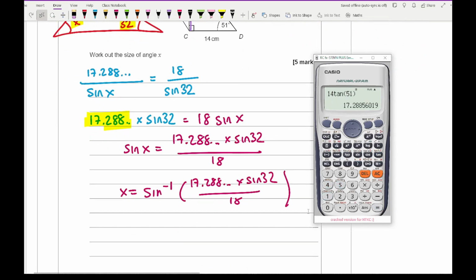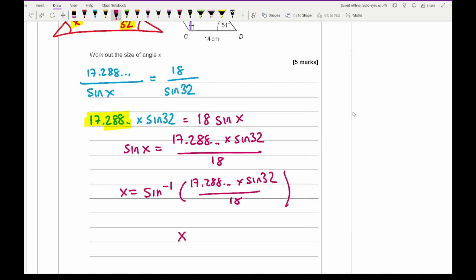So that number is then saved as Ans. Then I enter my fraction: press Ans, which is that 17.288 number, multiply that by sine 32, close bracket, scroll down to 18. That gives me the fraction, and it's between -1 and 1, so it's looking good so far. Then press shift, sine, Ans, close bracket, press equals, and there is my answer of 30.6. It's an angle, and that's to 1 decimal place.